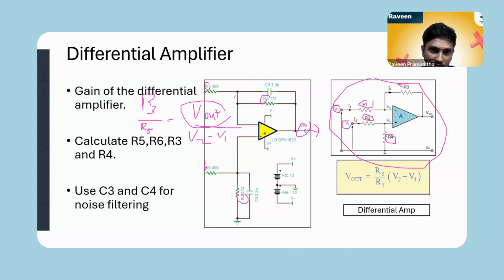So I need V out to be the input voltage for the headphones that we previously calculated. I think it's 2.589 volts peak to peak. Yes, it's the input of the headphones, but it's the output of the differential amplifier. So we get this input voltage of the speakers as the output of the differential amplifier.